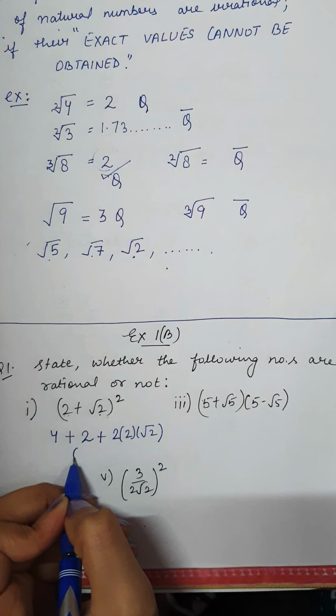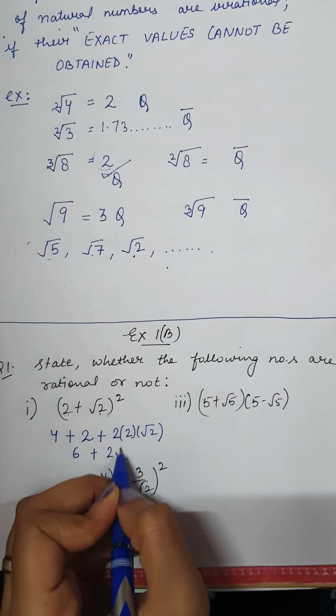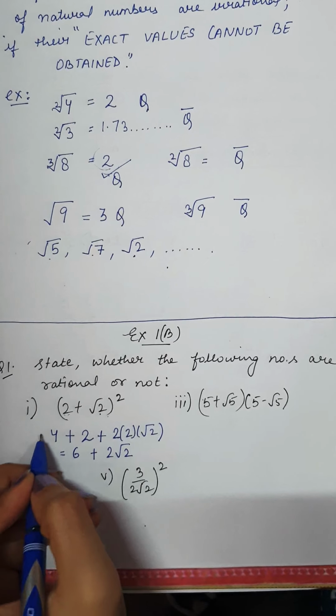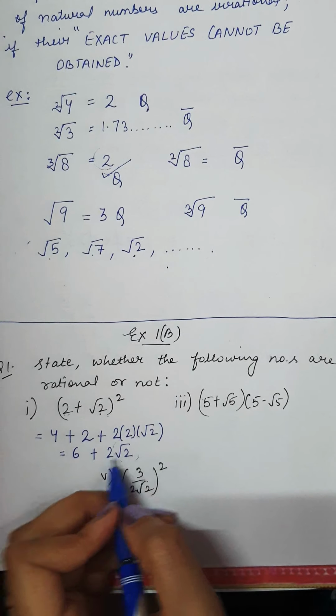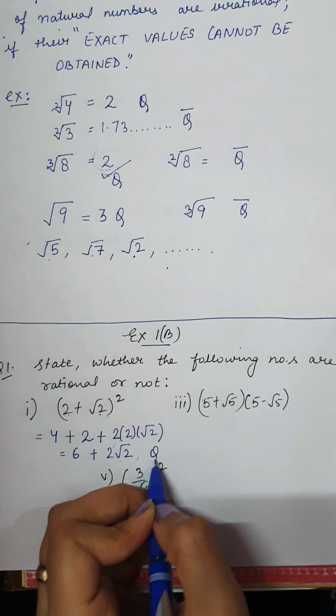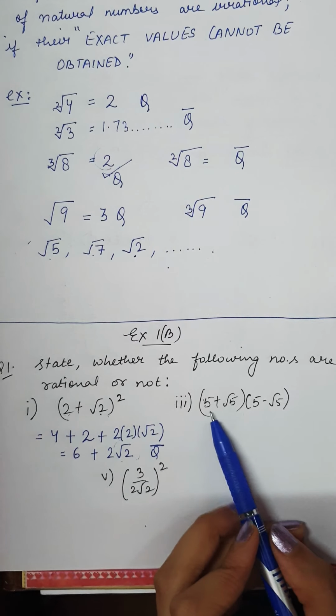So 4 plus 2, I can add, 6, and this is 2 under root 2. Since the whole expression contains one irrational number in it, this whole is going to be irrational. Q bar.